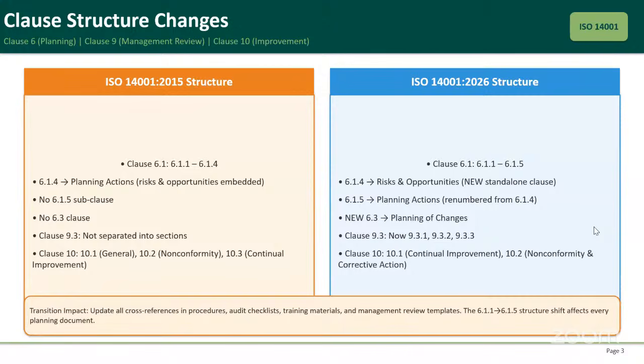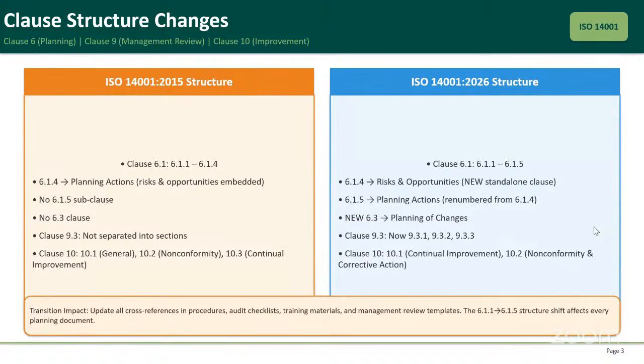Now, in that 6.1, there are a lot of subclauses. Because we are talking about action to address risks and opportunities, you are focusing on the issue of environmental aspects, because those are the areas to look out for. Those are the environmental aspects, environmental impact, compliance obligations, then risk and opportunities.